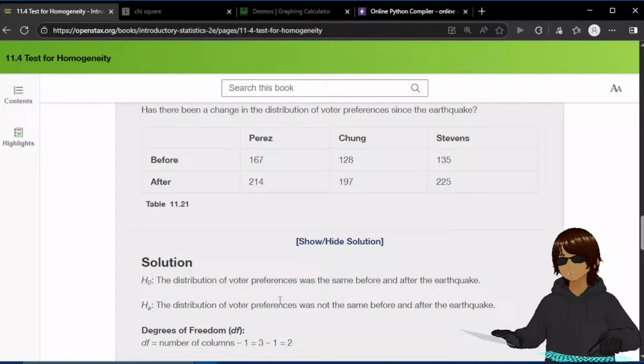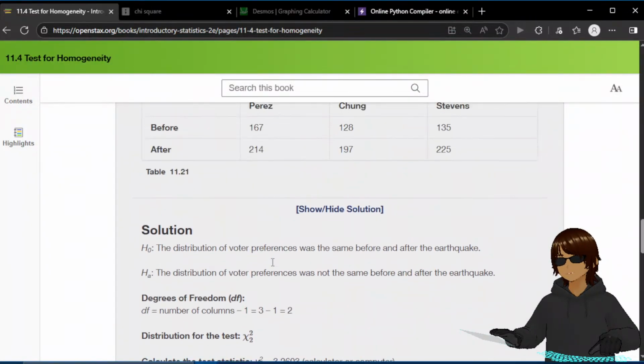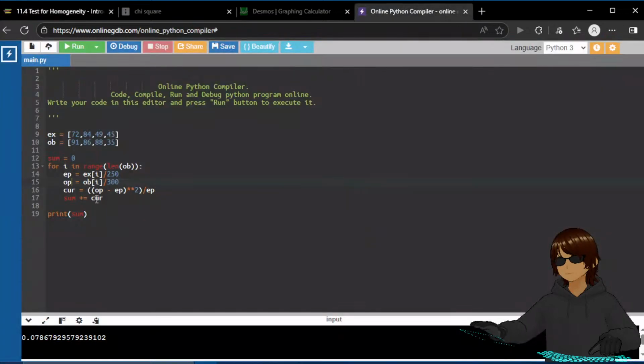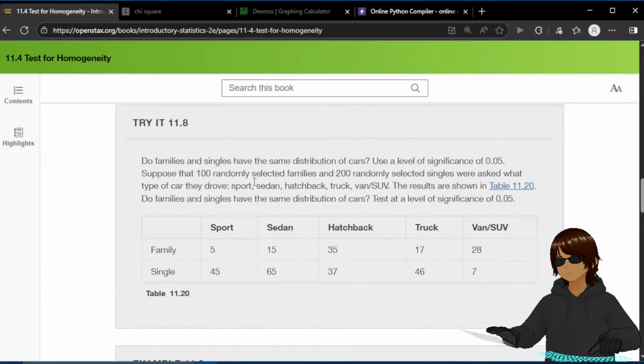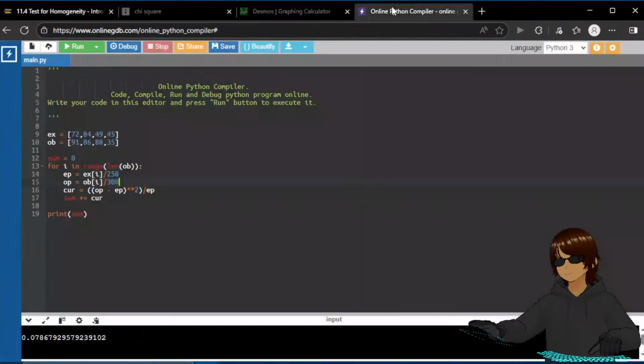Number of columns is two. How do they calculate this? I don't understand. Three. What if I don't do this?